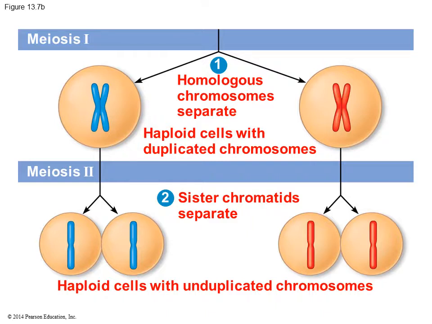They're haploid because the blue X versus the red X, they're only a paternal copy or a maternal copy. For it to be diploid, the X would have to have one red line and one blue line. So therefore it's haploid. Now these haploid cells are going to go through meiosis 2 and separate that homologous chromosome into chromosomes.